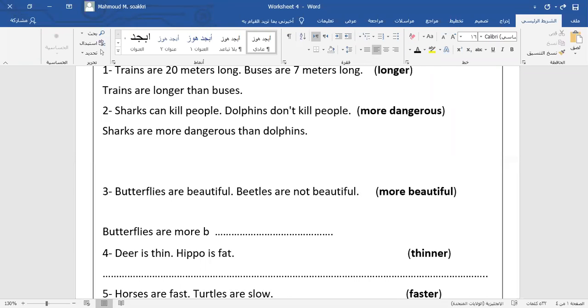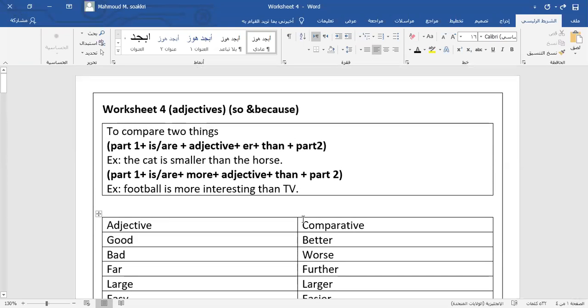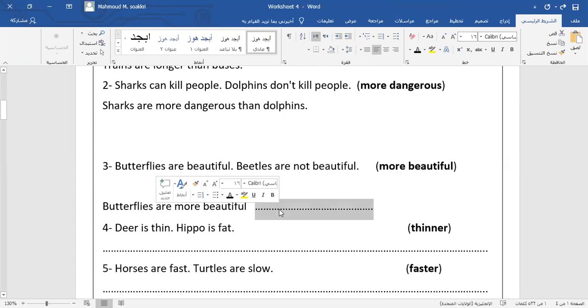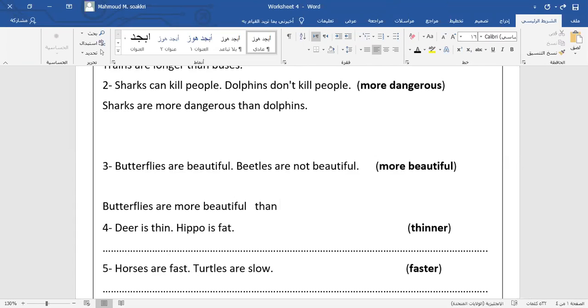Look here. It is more beautiful. The adjective is beautiful. Excellent, Muhammad. After this, look at the rule. After the adjective, we put the word than. Excellent. So I write here the word than. And then part 2.